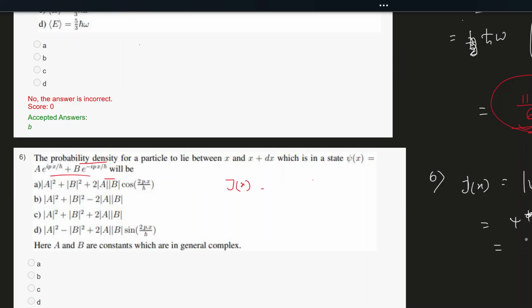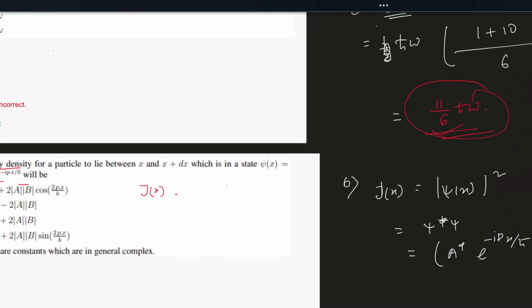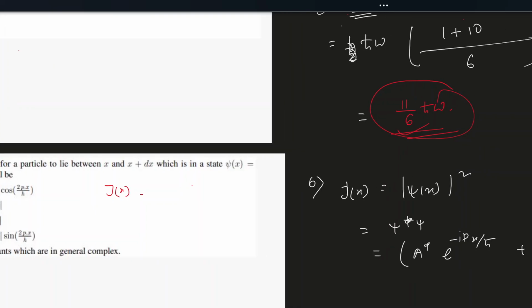So psi star psi is a star e to the power of minus i px by h cut plus b star e to the power of plus i px by h cut. Because they have not mentioned whether a and b are real, I am taking them as complex, so I am taking a star and b star. And psi x is simply a e to the power of plus i px by h cut plus b e to the power of minus i px by h cut.